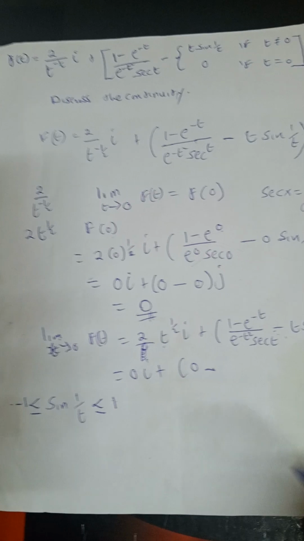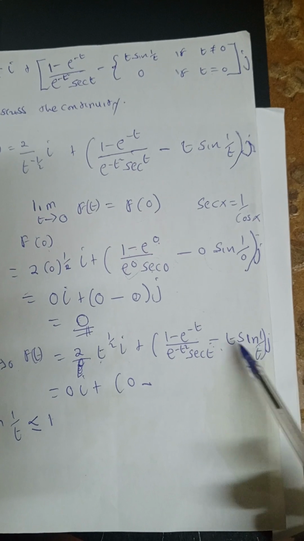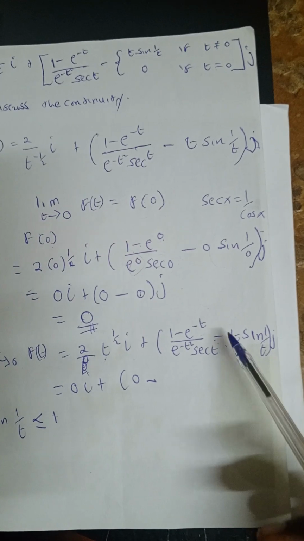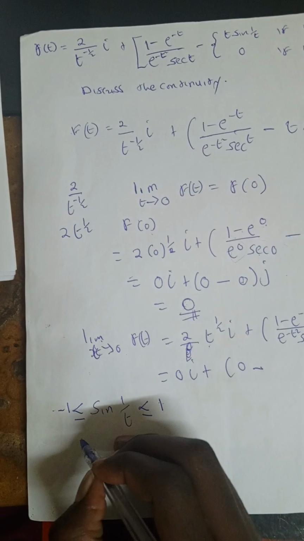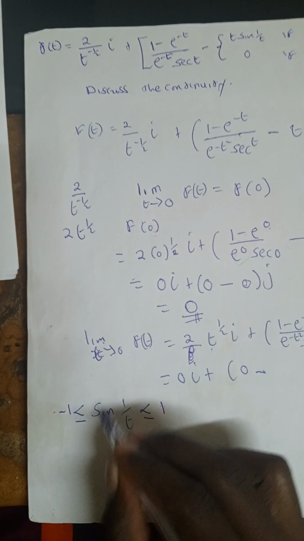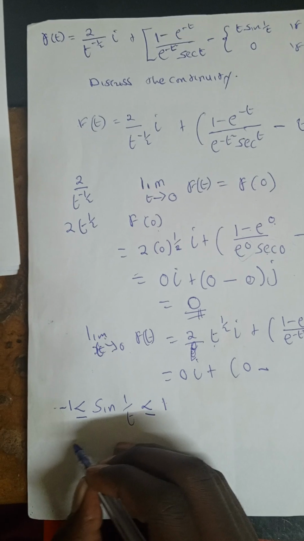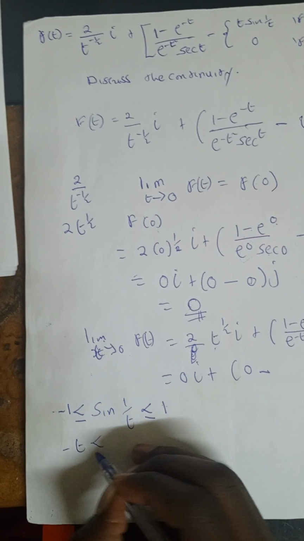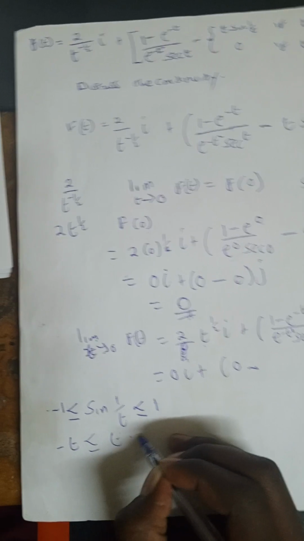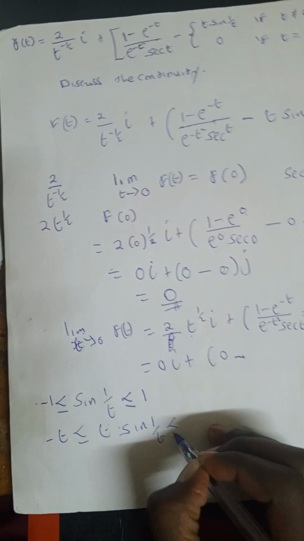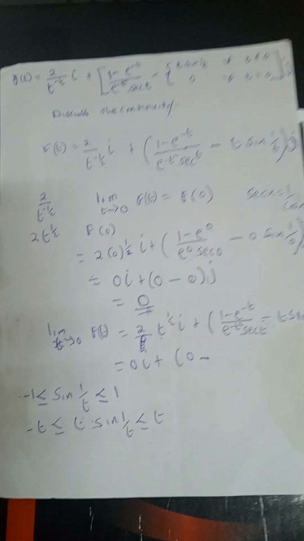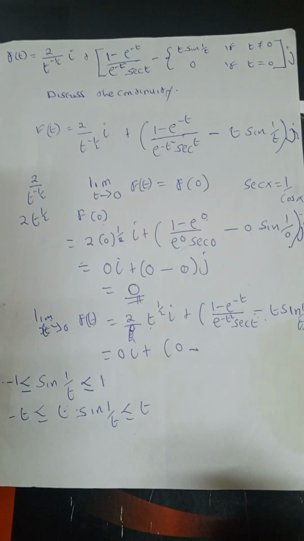Now let's look at our function. We have sine 1 over t multiplied by t. So we are going to multiply this whole function with t. So this will be negative t, then t multiplied by sine 1 over t, then t.